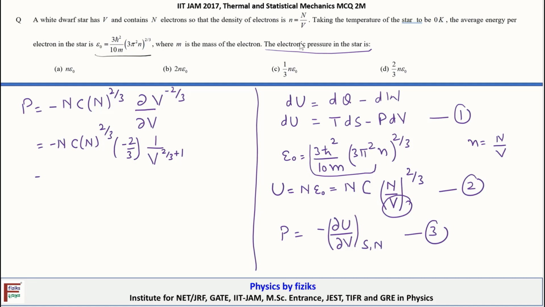Okay, and this turns out to be equal to 2/3 of n, and then if you further multiply all these constant terms here, so that they become equal to again this quantity E0.